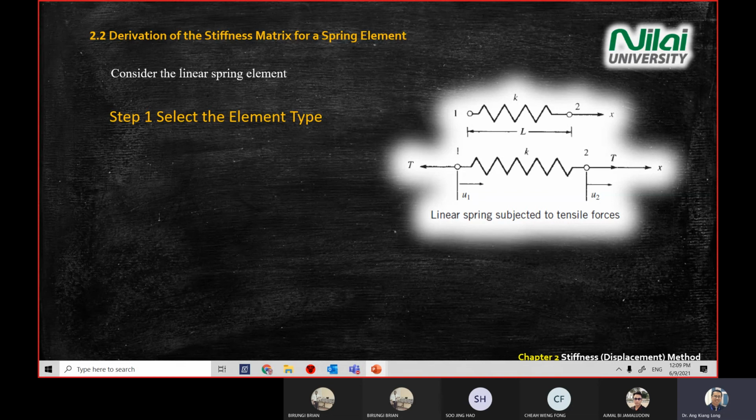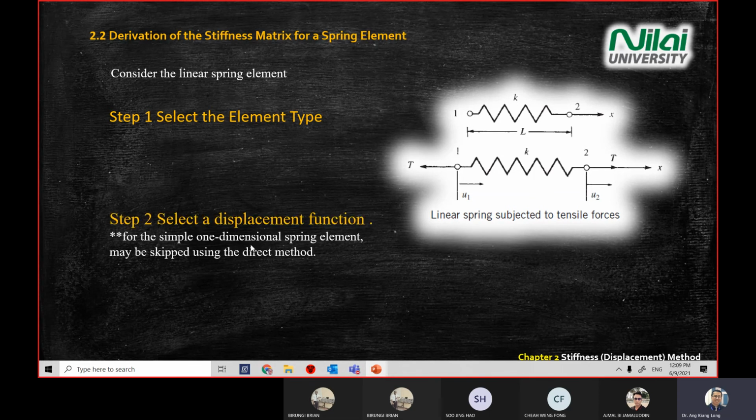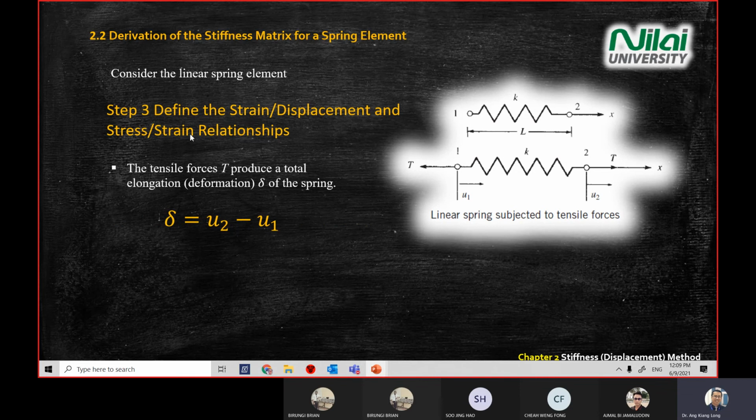Normally we break into 2 points, 3 points, and even 4 points. The basic one is 2 points. Then after that, you call out a function related to the element itself. So for a spring structure it is F equal to Kx, this kind of equation. Then you derive the strain-stress displacement or stress-strain relationship for the spring.